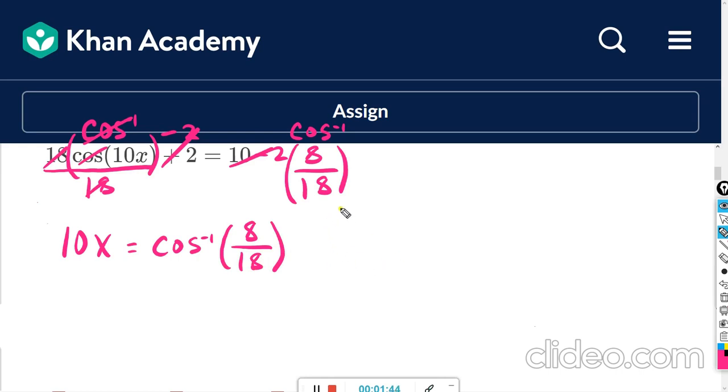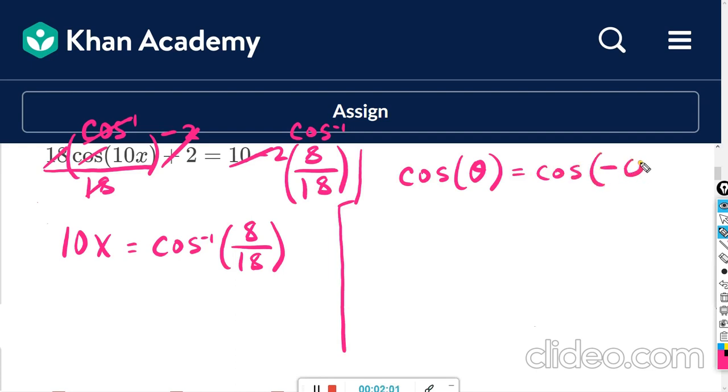Now, at the beginning, we said that you need to use the identity cosine of an angle theta equals the cosine of negative theta. Okay, so you just change the plus minus sign on the angle, and it's the equivalent, it's the same thing.